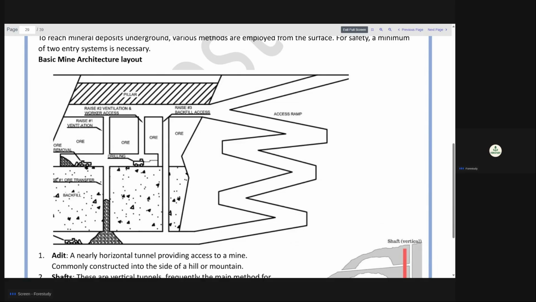Okay. Then we have a raise for ventilation here, again a raise for ventilation for worker access. Then we have a backfill access, and again a backfill. So waste is taken and filled inside as backfill. Okay, so these are the rocks which we do not need, and these ores are the rock which we need, right?